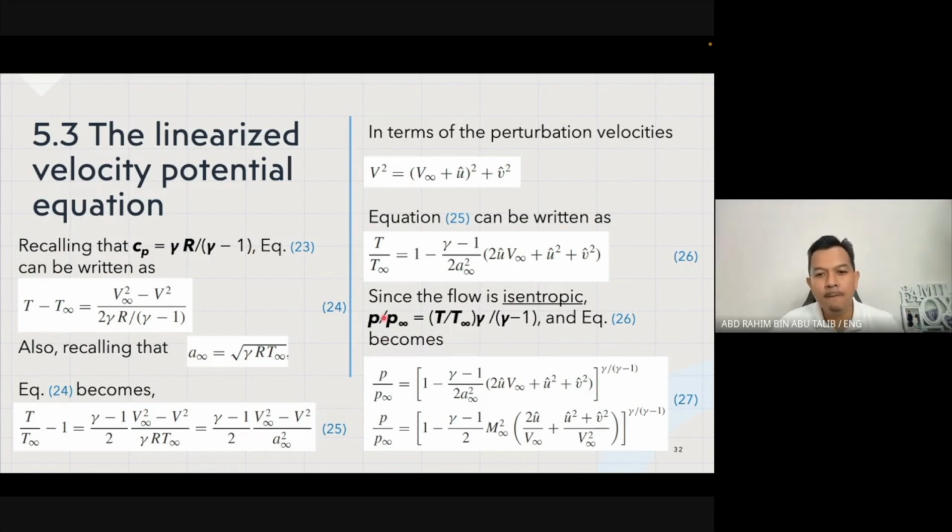So we know already, since the flow is isentropic, the pressure ratio P over P infinity, the free stream pressure, is equal to the temperature over the free stream temperature to the power of gamma divided by gamma minus 1. This equation 26 can now become the expression of equation 27. And the pressure ratio, P over P infinity, you can rewrite that in equation 27.